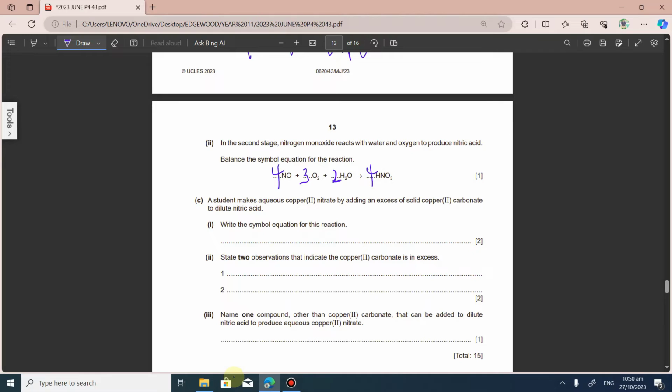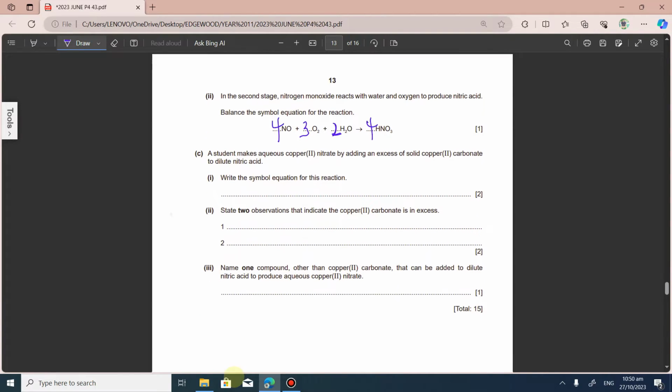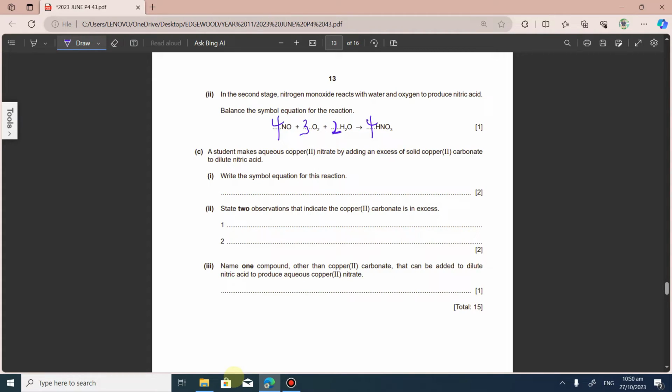So a student makes aqueous copper 2 sulfate by adding excess of solid copper 2 carbonate to dilute nitric acid. Write the symbol equation for this reaction. All right, so we are reacting solid copper 2 carbonate with dilute nitric acid. So what we're going to have is CuCO3, of course, solid, plus nitric acid, HNO3, which is diluted, aqueous.